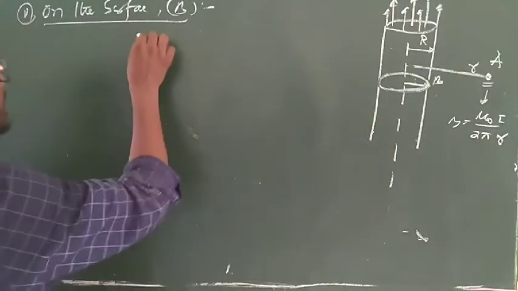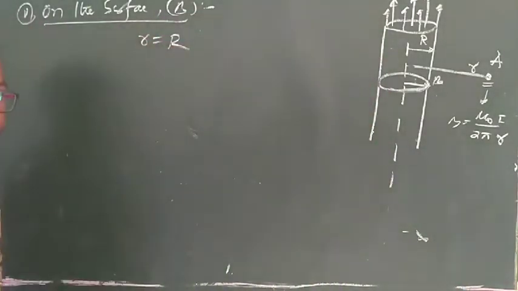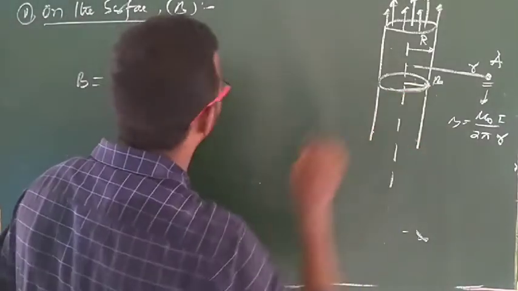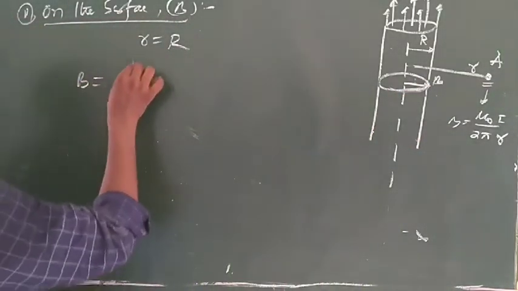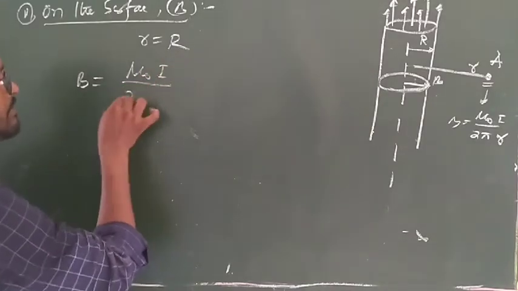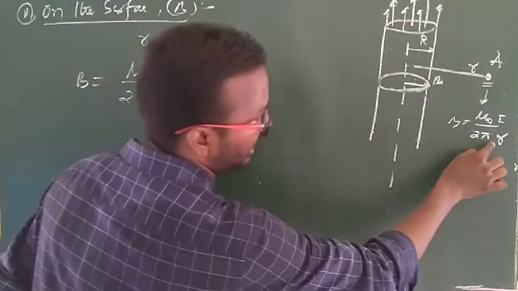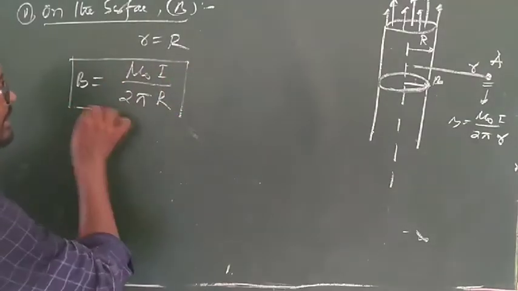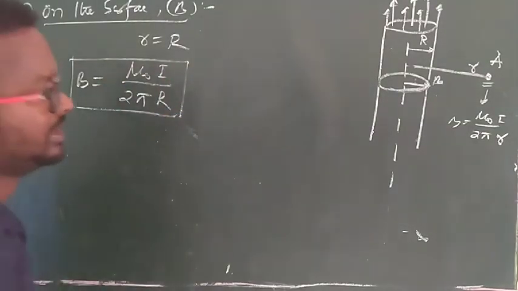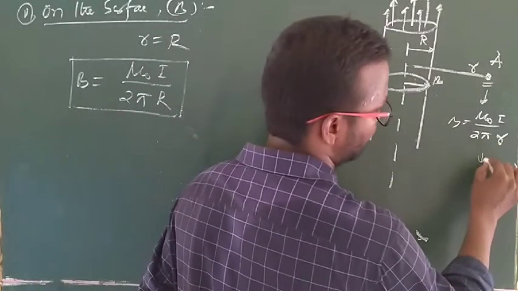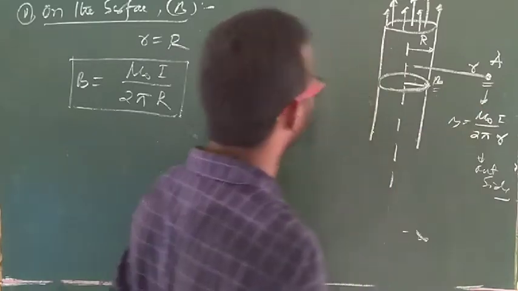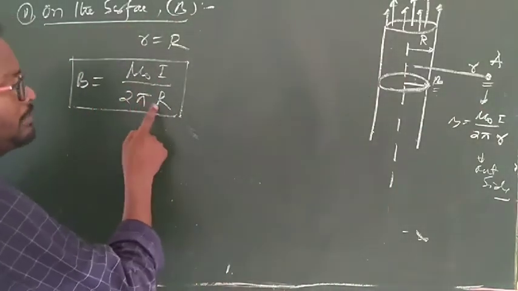But here r equals capital R. So the magnetic field at point B, or on the surface of a current carrying cylinder, is B equals mu naught I by 2 pi R. This is for outside, and this is on the surface, which equals mu naught I by 2 pi R.